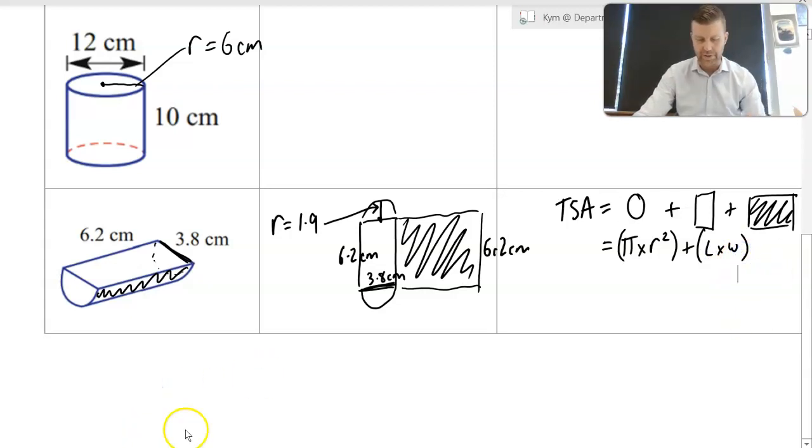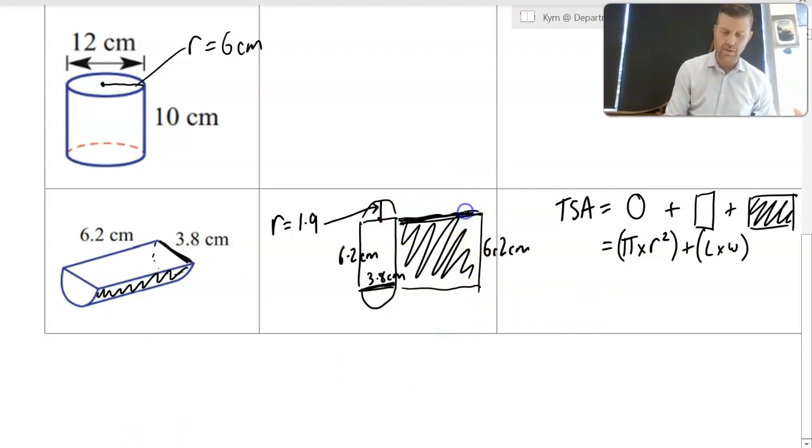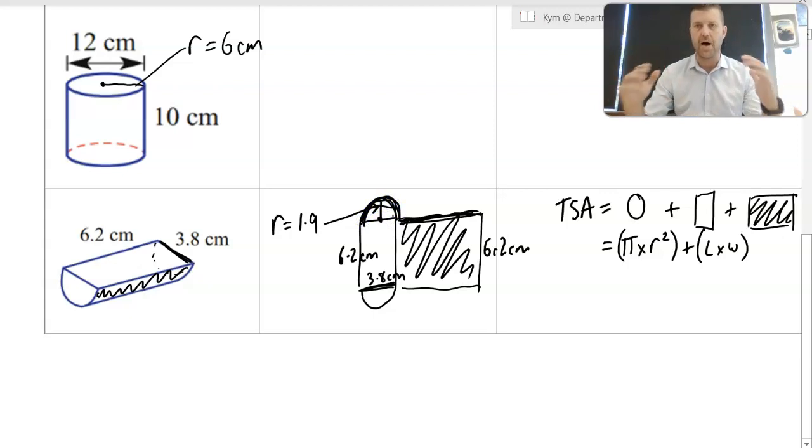This is a little bit trickier because we've only got the length here. The width will be the circumference of half a circle. That length is the same as that length there, which is the circumference of half a circle.